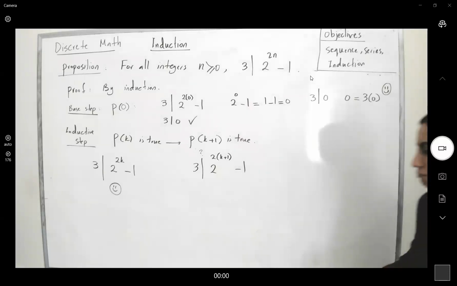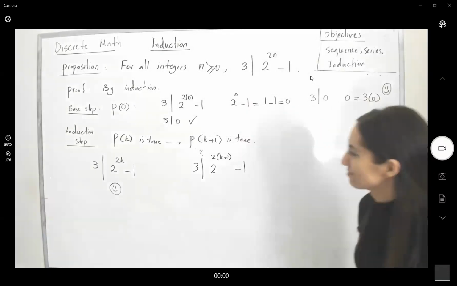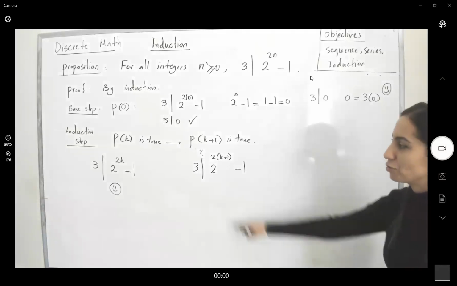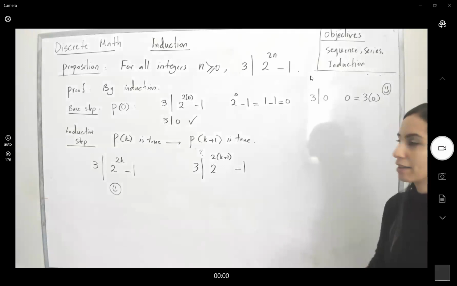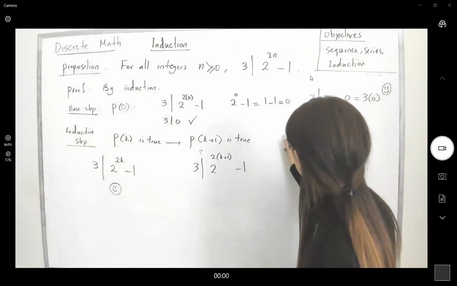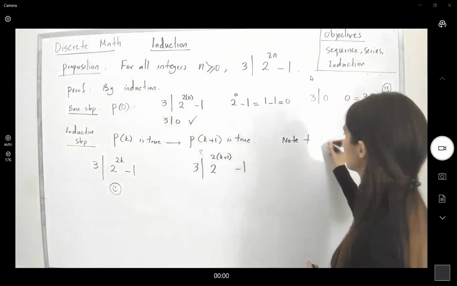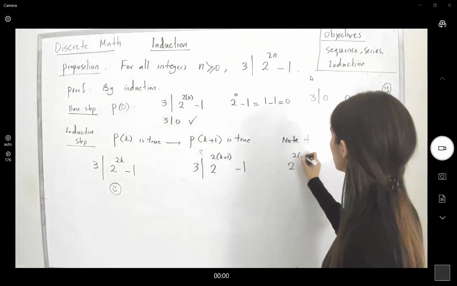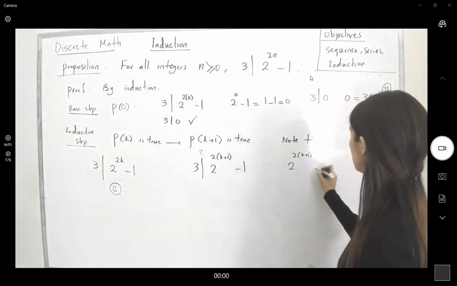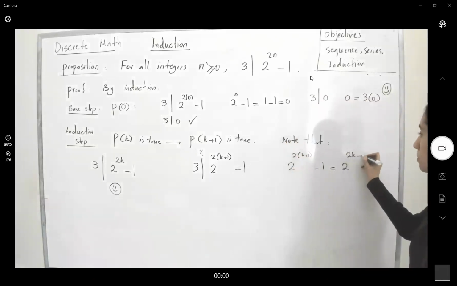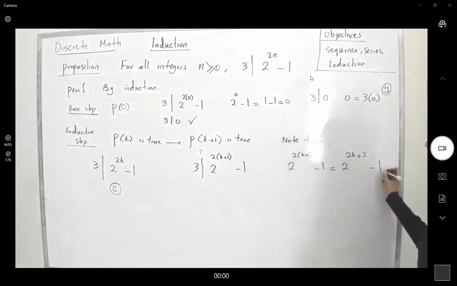Well, how do we prove this? I'm going to do a little bit of algebra and try to break this down. Note that 2 to the 2k plus 1 minus 1 is equal to 2 to the 2k plus 2, minus 1.